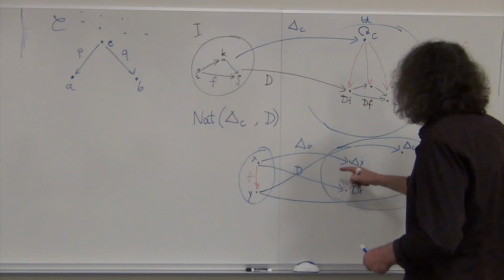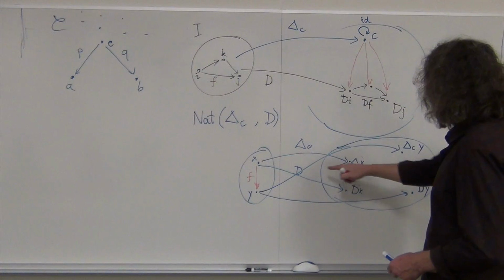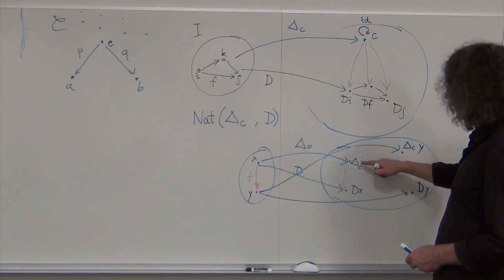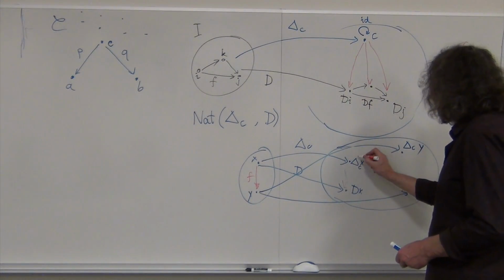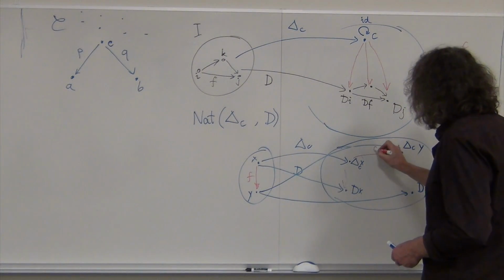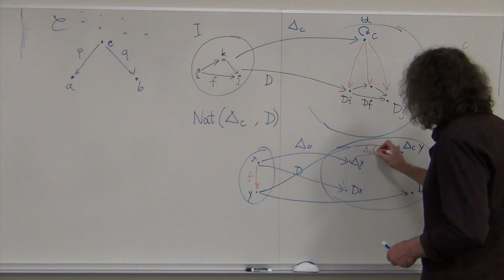So morphism F goes from X to Y, so it will be mapped to something that goes from delta X to delta Y. So this is our delta CF.